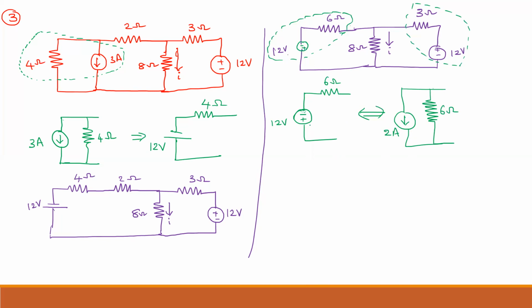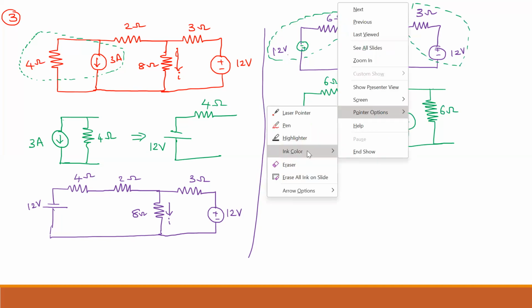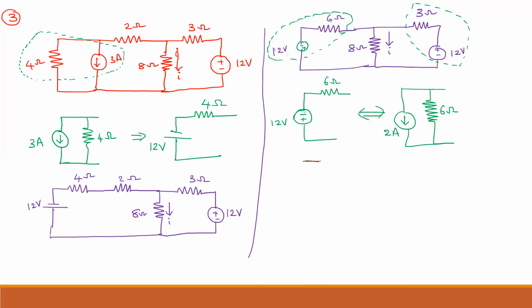Similarly, on your right side also there is 12 volt and 3 ohm. That also we will simplify. What is the equivalent current source? Is the current source direction upward or downward?